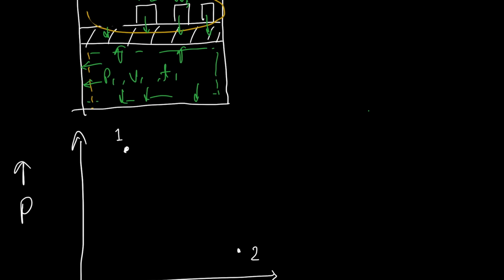The pressure will decrease. So it will come from this point to this point, P1 dash, V1 dash, and it will stop. So this is an intermediary step.